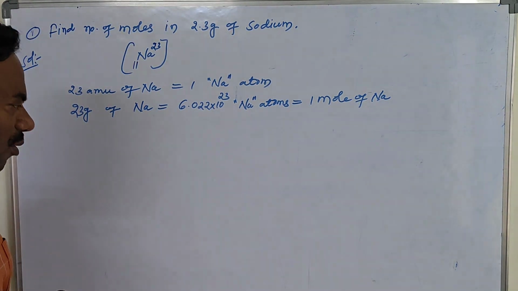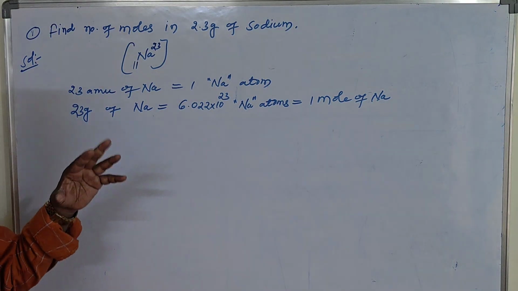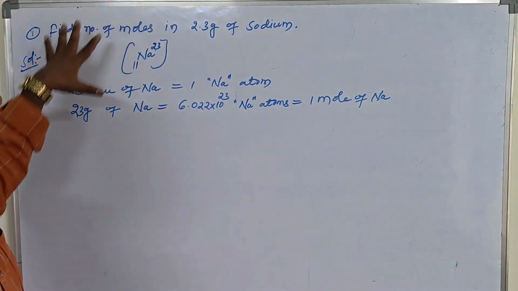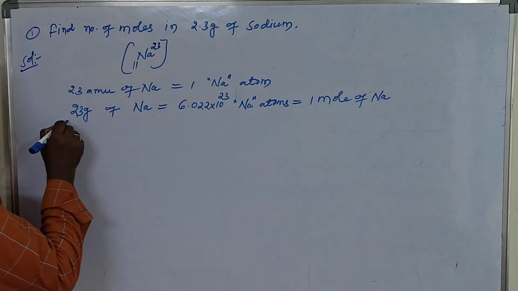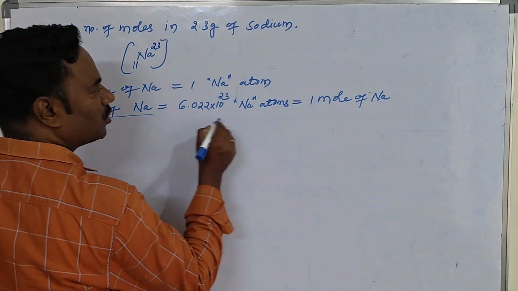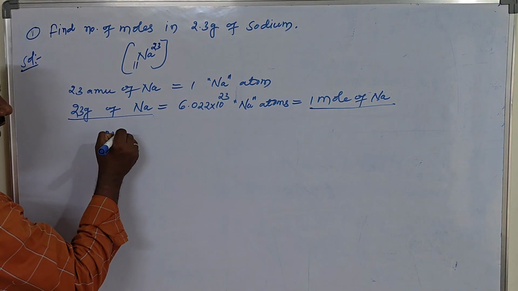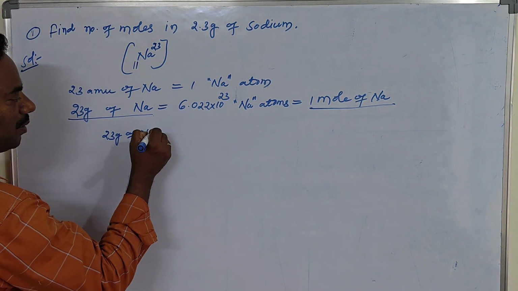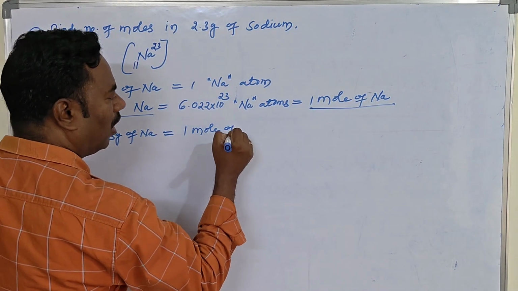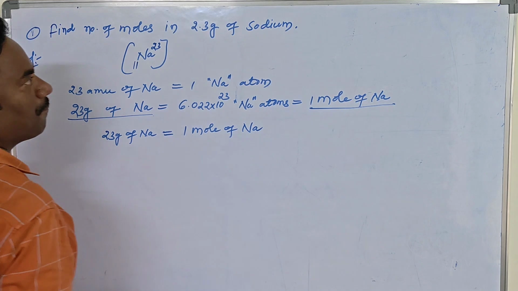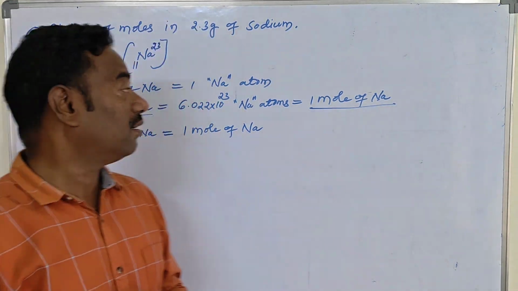To solve any problem in mole concept, you need to know this basic information. Here I know that 23 grams of sodium is equals to 1 mole of sodium. Now, here in the problem, what is there?